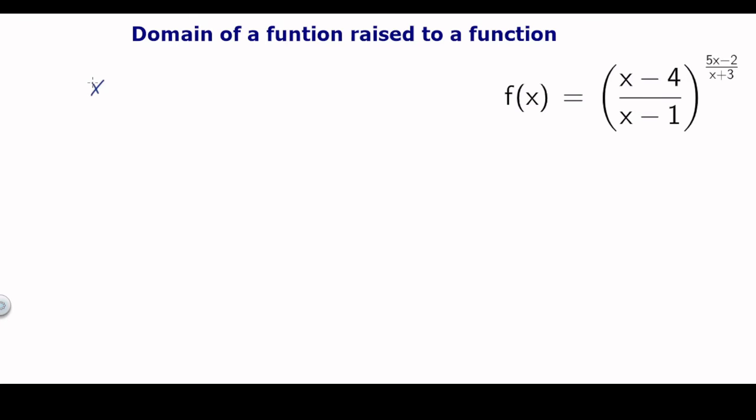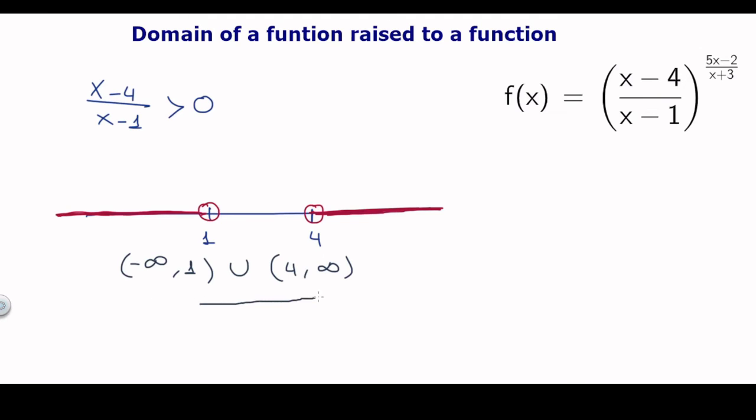The base has to be greater than 0, and we've already calculated the domain, which was this one. Now let's focus on the exponent. We have one polynomial in the numerator and one polynomial in the denominator.